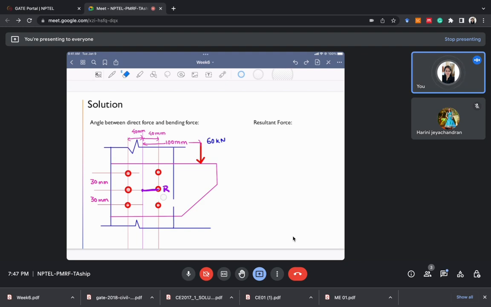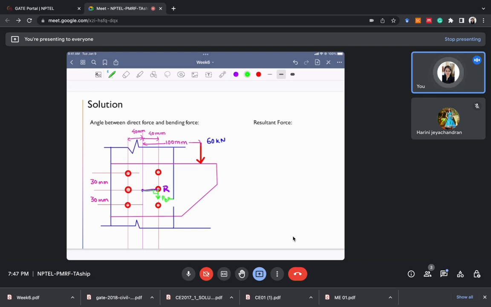So the force due to the bending moment should be perpendicular to the line joining these two points. So it will be like this: PBR. It is perpendicular to this, because this line is horizontal, so the perpendicular line will be this only.